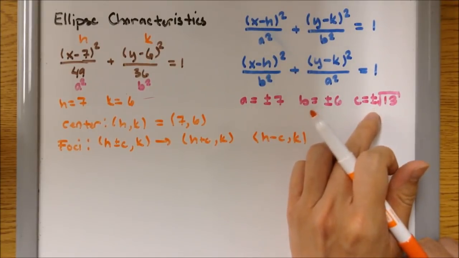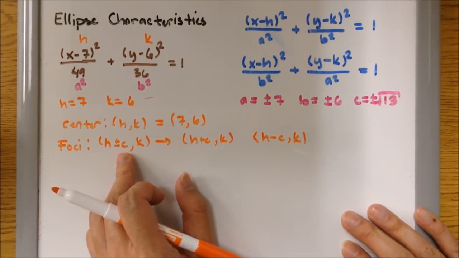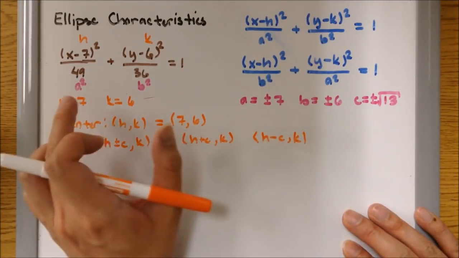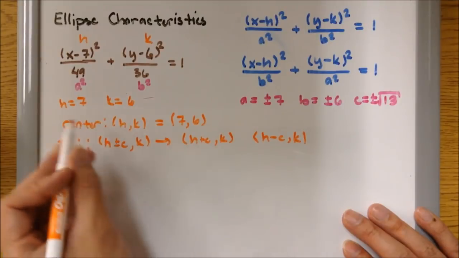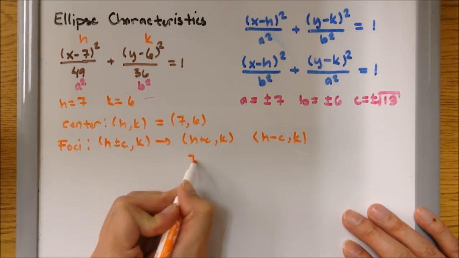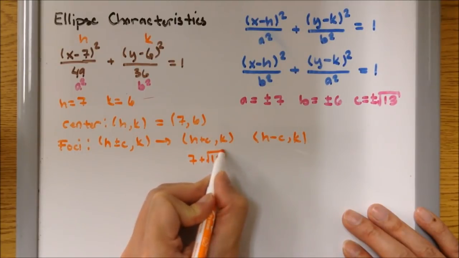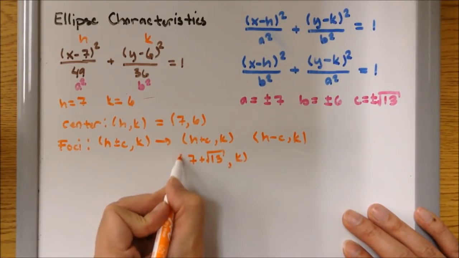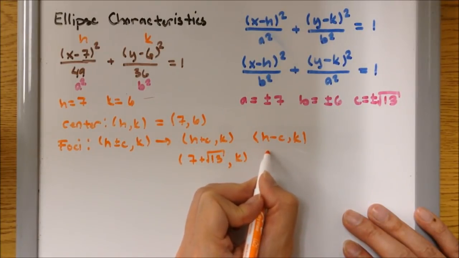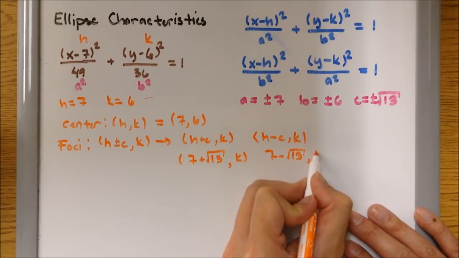That's why we have that plus and minus, for that plus and minus c right here. Alright, so I'm going to plug in the values for h and c and then k. So h is 7, then plus square root of 13 comma k, and then 7 minus square root of 13 comma k.